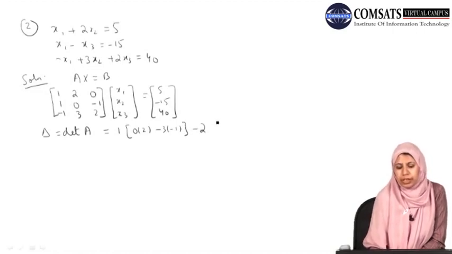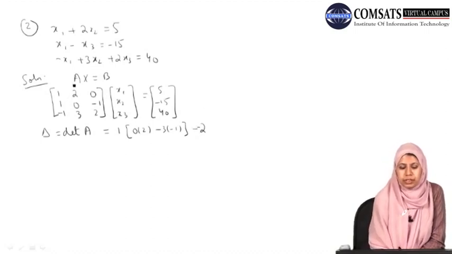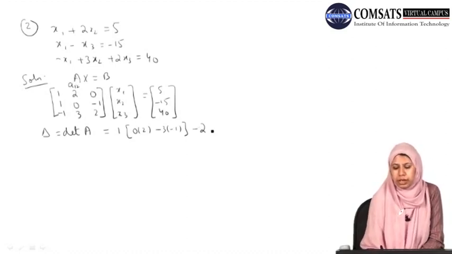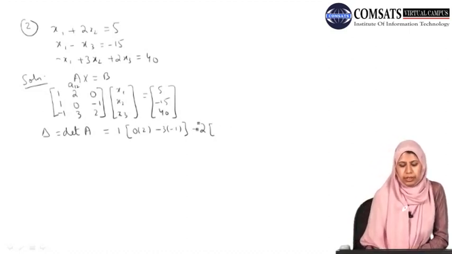Now 2 is the entry and minus is the sign of the respective entry, because this entry is A12, the sign associated with this entry is minus, so minus 2.